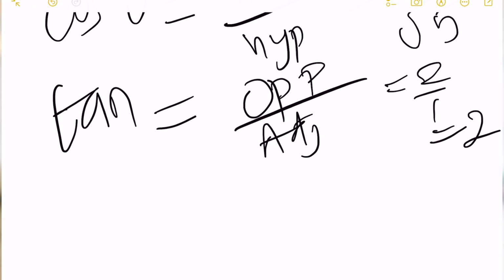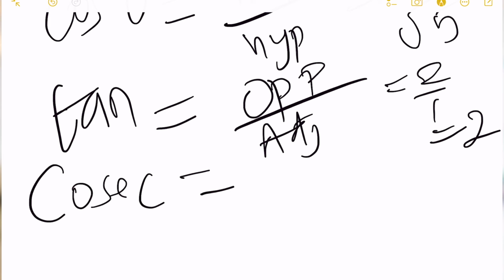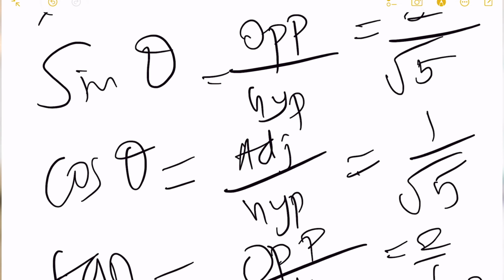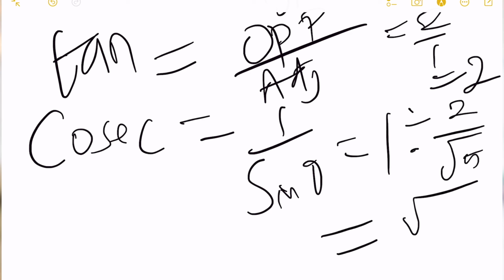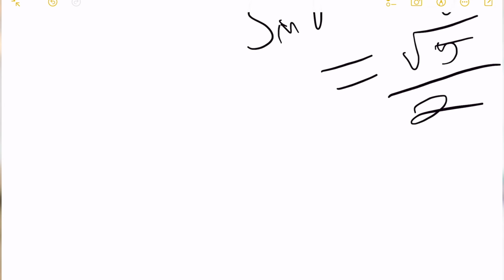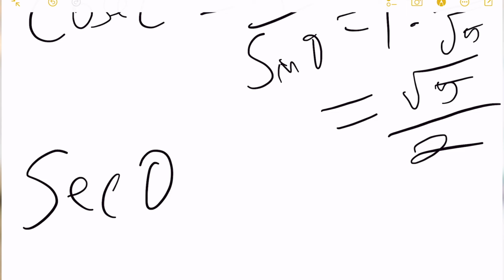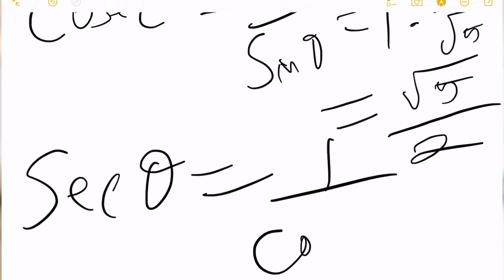And for our cosec, which is 1 over sine theta. What's our sine theta? We have our sine theta to be 2 over root 5. Here we have it to be root 5 over 2. We have our sec theta to be 1 over cos theta.